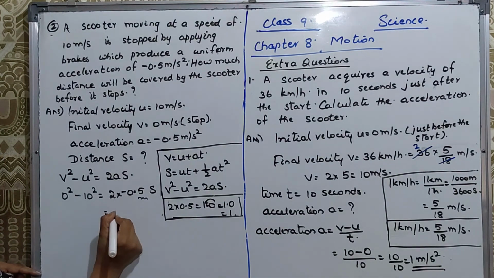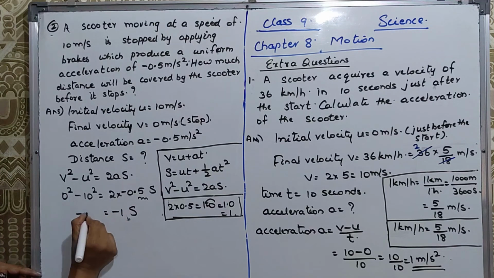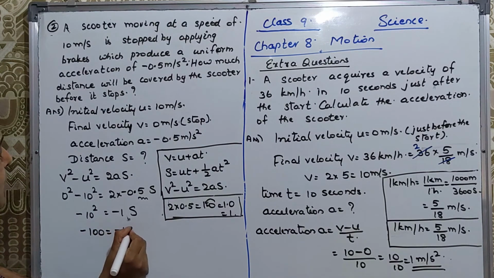So here it will be minus 1s equal to minus 10 squared. 10 squared is 100. It will be minus 100 equal to minus 1s.